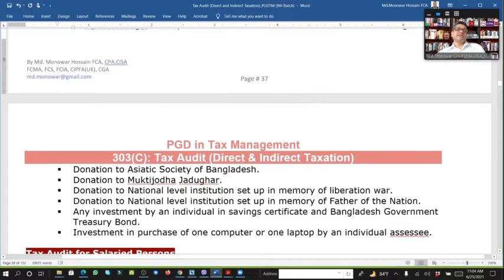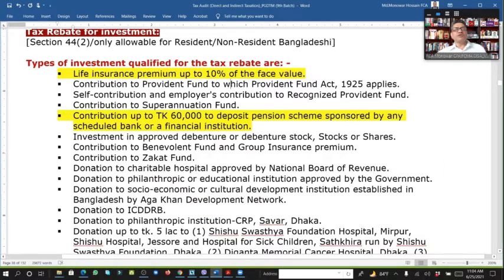That type of item is the tax point of view. That's why the authority is saying, for example, previously every year we could buy a laptop or computer, computer up to 50,000, laptop up to 1 lakh. That was also misused previously.